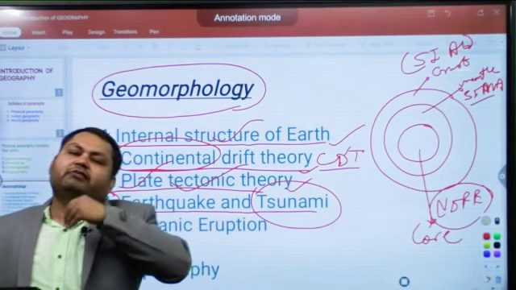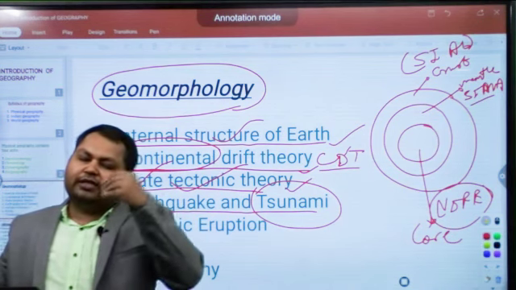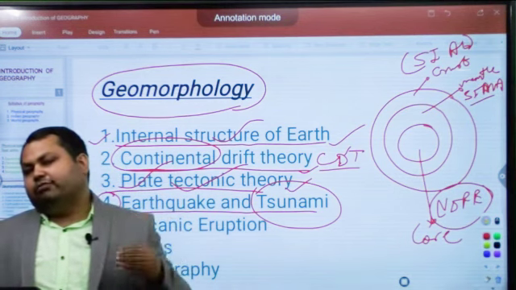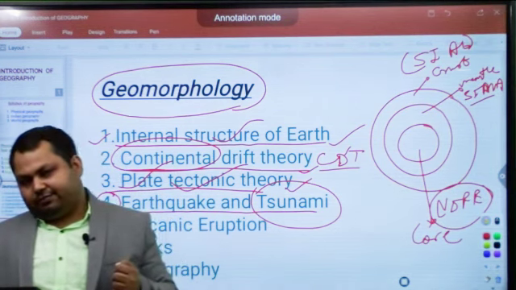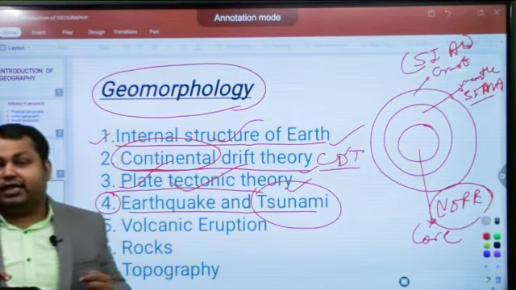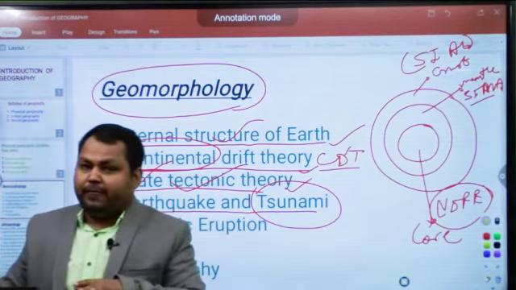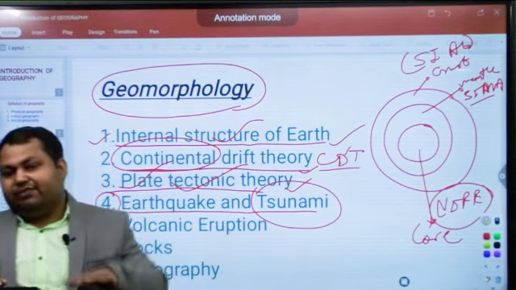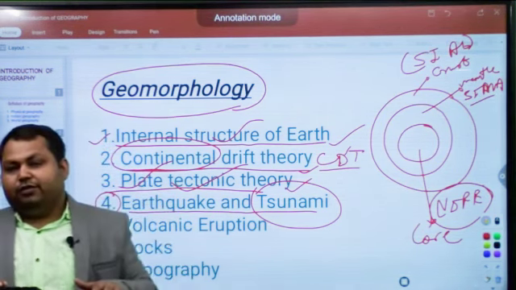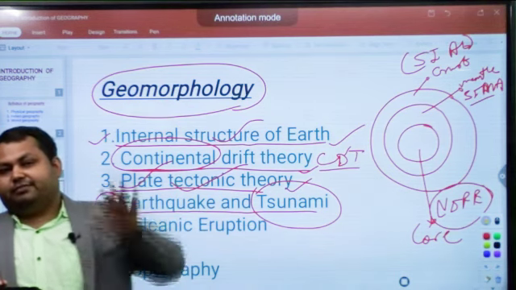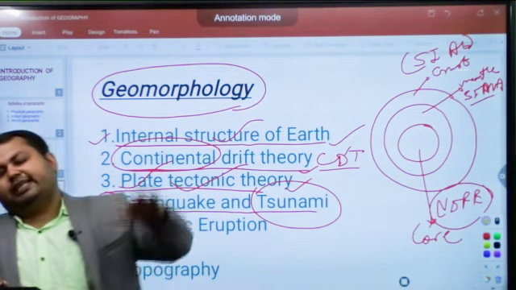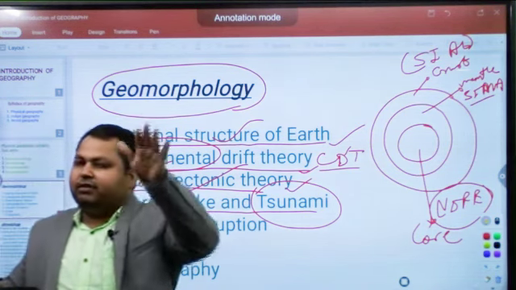And tsunami has the most disastrous impact. How? Because if the sea waves gain an amplitude of 40-50 feet, under the influence of such waves, there may be submergence of coastal cities.